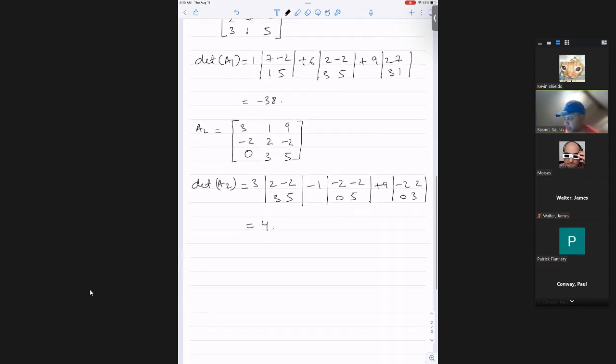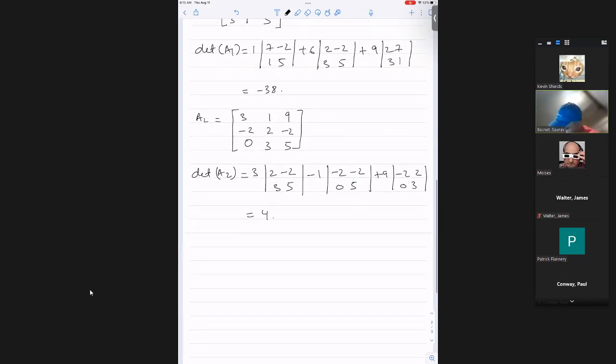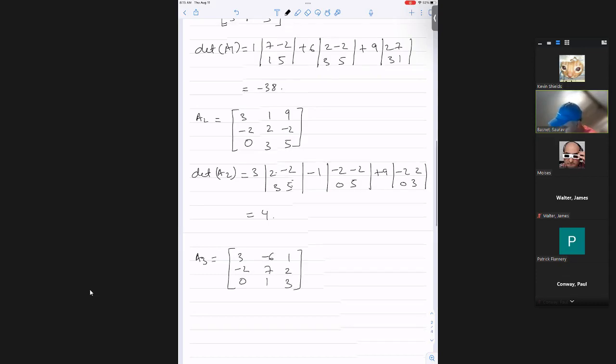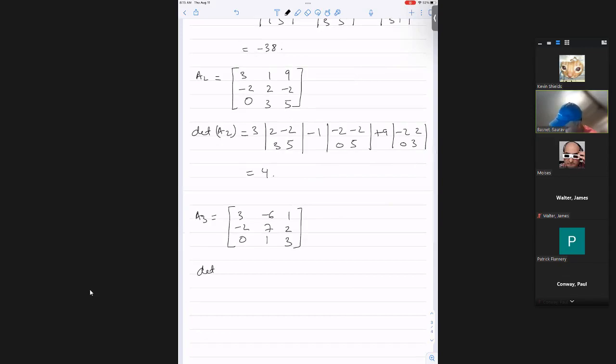Please check my answers, okay? And similarly, I can do A3 now. A3 is replacing the third column, so it is 3, -2, 0, -6, 7, 1, 1, 2, 3. And if I find the determinant of A3, I get 19.